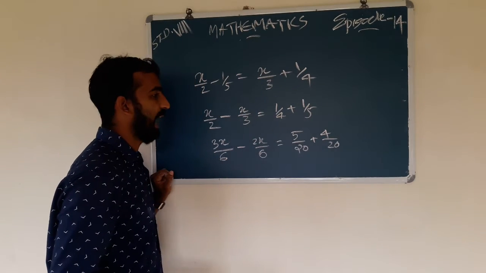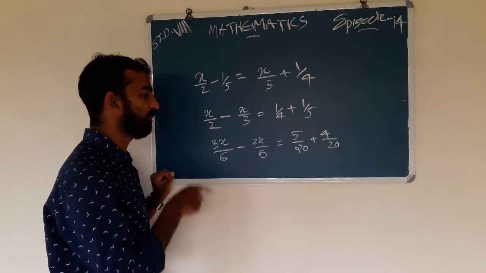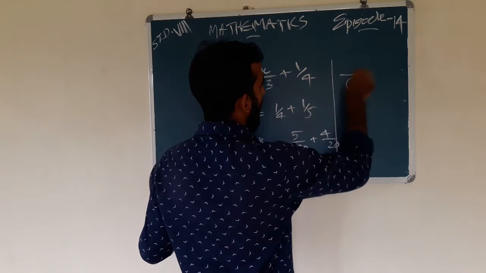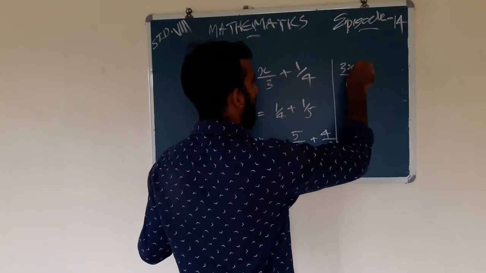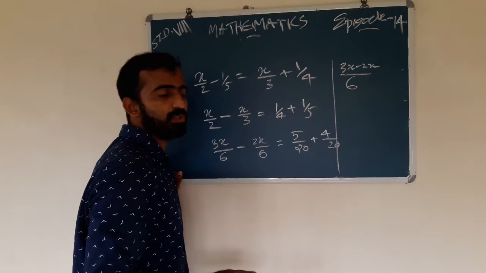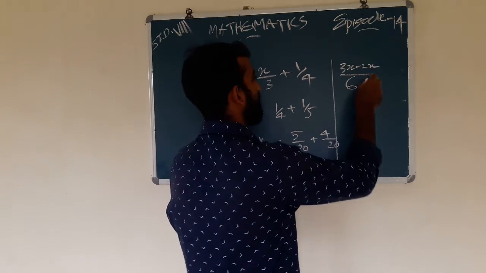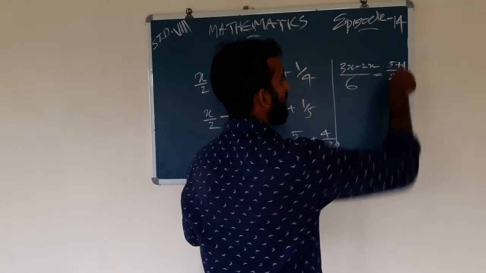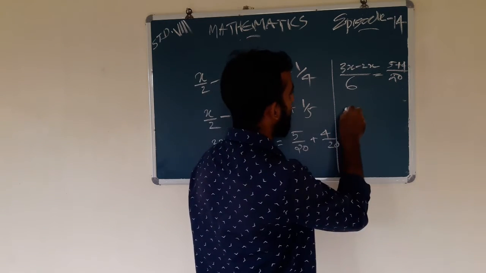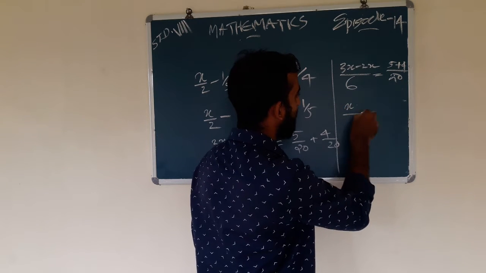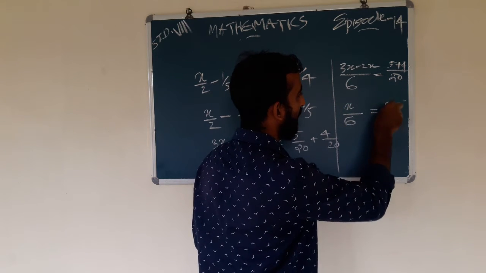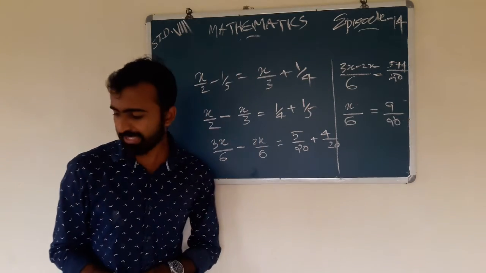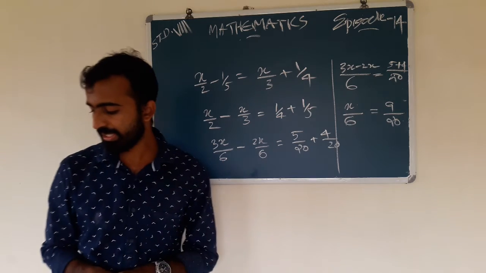So 3x minus 2x upon 6 equal to 5 plus 4 upon 20, and we get x by 6 equal to 9 by 20.